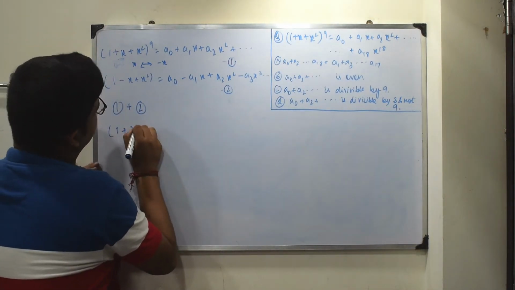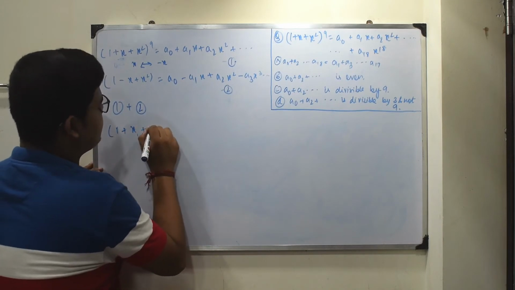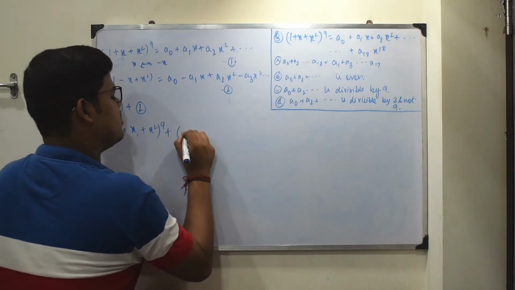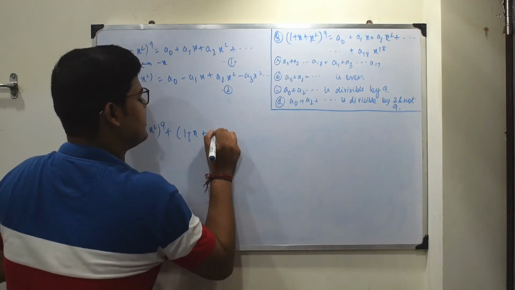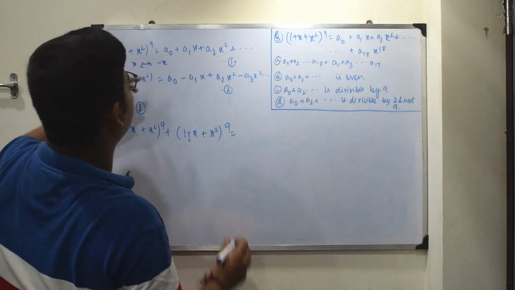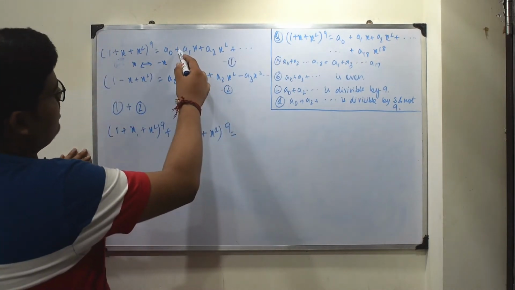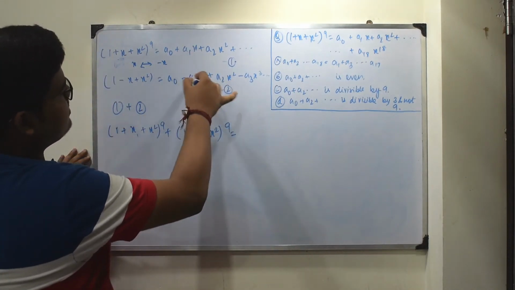(1 plus x square) to the power 9 plus (1 minus x plus x square) to the power 9 is equal to, just see, plus minus plus a1x minus a1x.